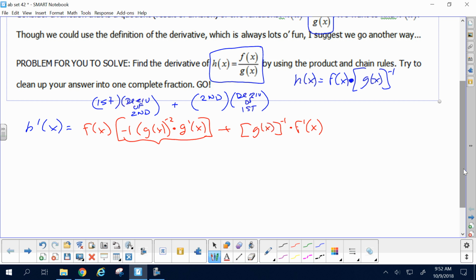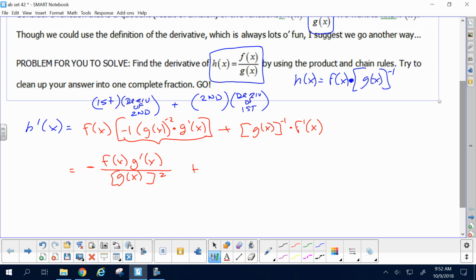It's kind of cumbersome, I think you'll agree. So let's clean it up. If I were to clean this up, then I might have something like f of x, g prime of x over g squared, and all of that negative for the first.